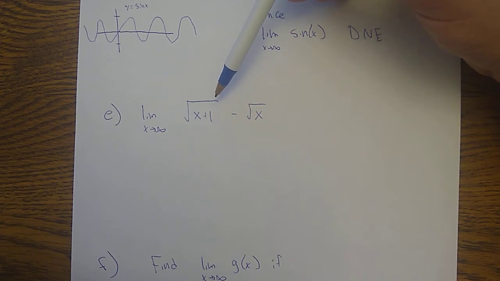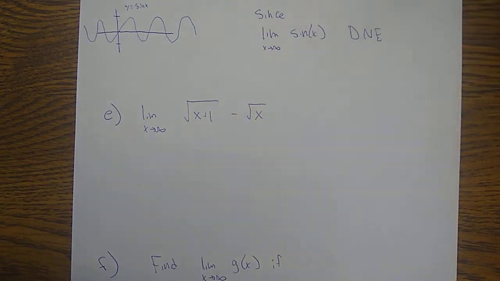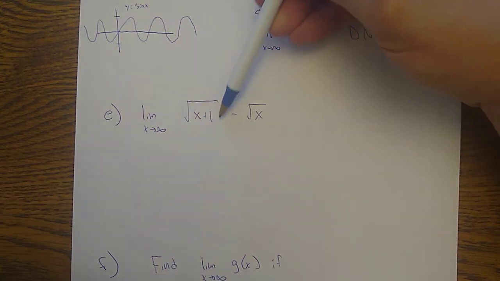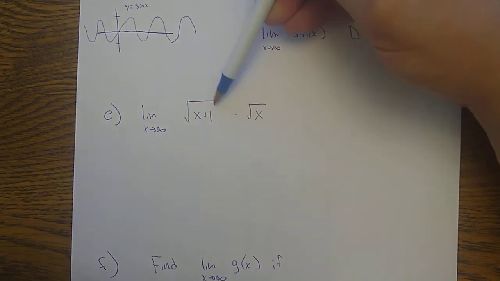So don't get confused by the fact that the square root of a huge number is going to be smaller than the original number. It's still what we would call a huge number. Like the square root of 1,000,000 is 1,000, and 1,000 is pretty big. So the square root of x plus 1, I'm thinking of this as growing very large.